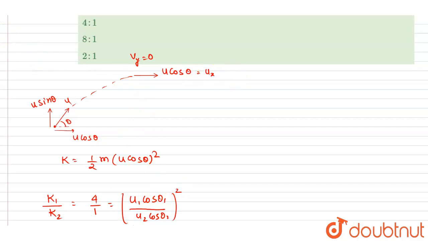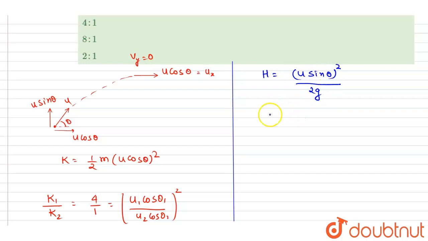Now in the second part it is given that the maximum height reached ratio is also the same. And if I talk about the maximum height in projectile motion, it is u sine theta whole square by 2g. You can also write it as u square sine square theta by 2g. So you can see very clearly now this is proportional to u sine theta whole square.